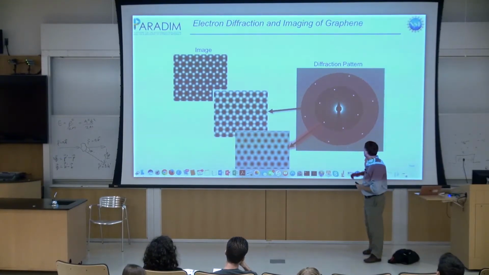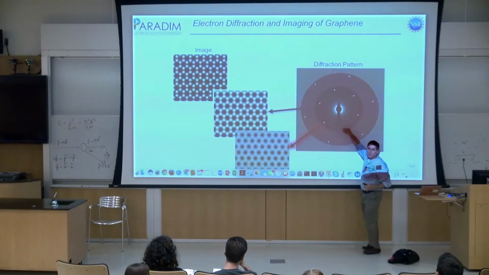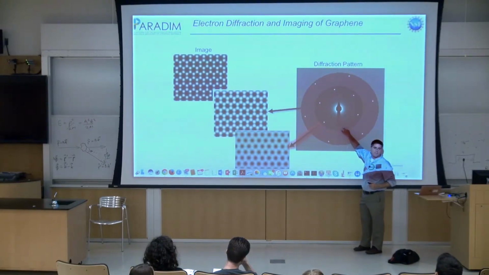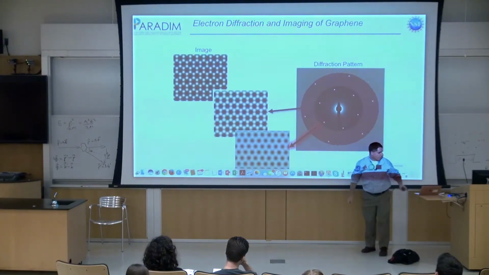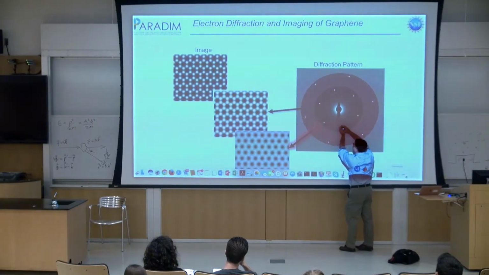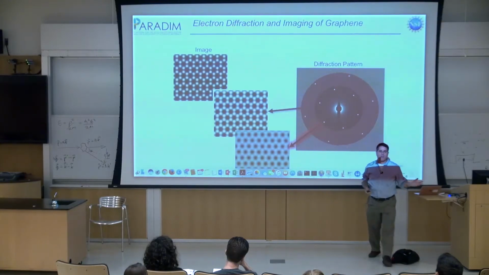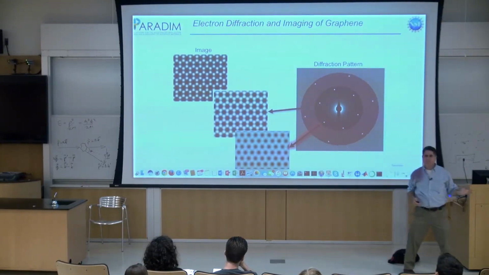Think about it. This distance from there to there is the momentum transfer, or the Fourier coefficient that I need to produce a sine wave with a lattice spacing of one atom. If I put an aperture around here that is a tenth the size of an atom, what do you think the spatial resolution is going to be?